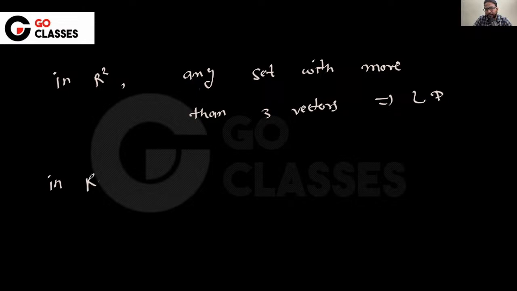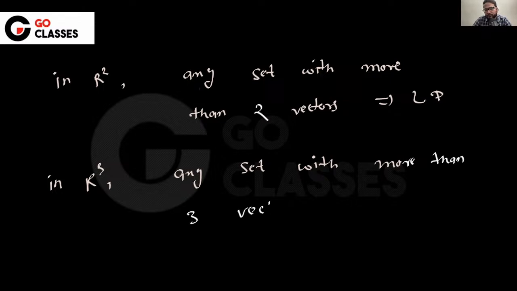Similarly, in R3 any set with more than three vectors is linearly independent. Sorry, linearly dependent. So either way, both are fine.